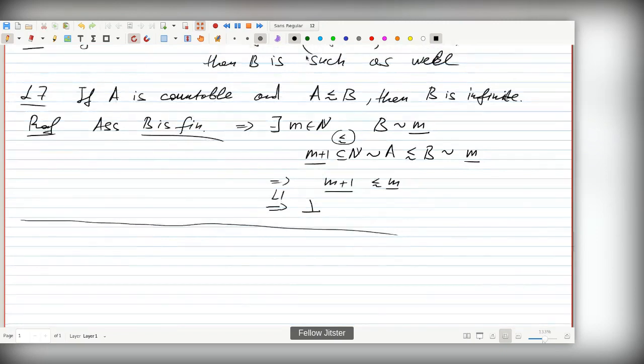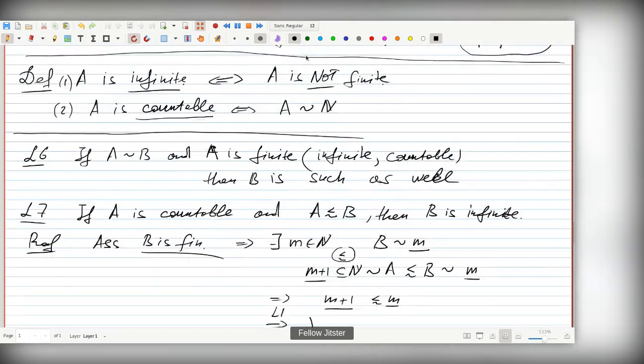But look, from the previous lecture, we should know that it cannot be proved or disproved whether we have anything strictly in between naturals and reals. But do we have anything strictly in between finite and countable sets?